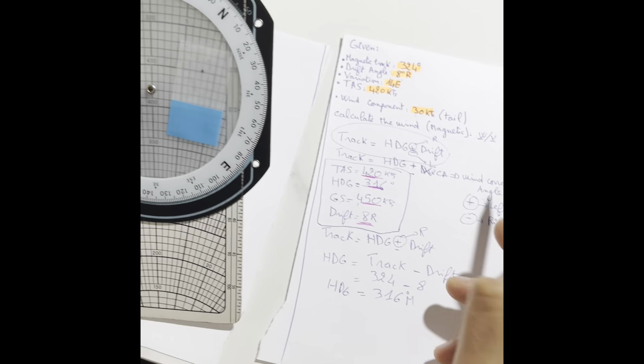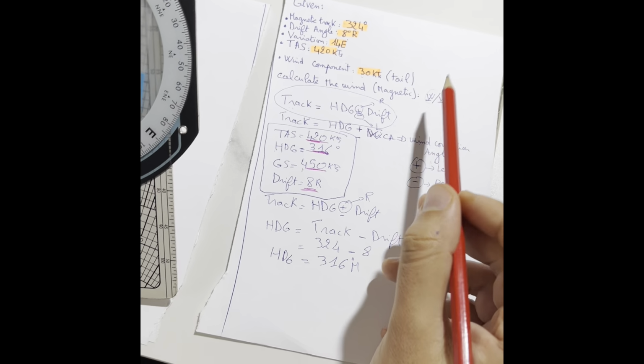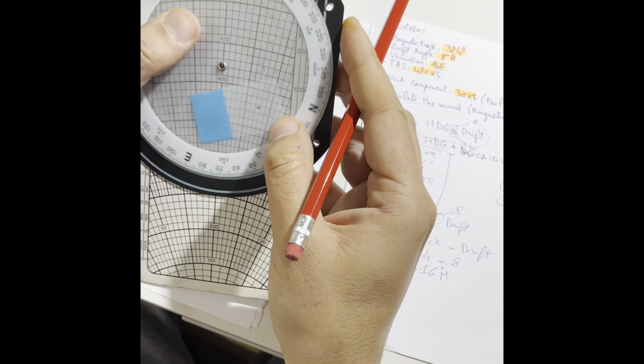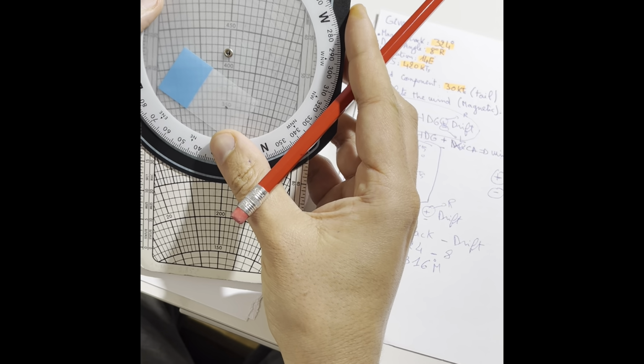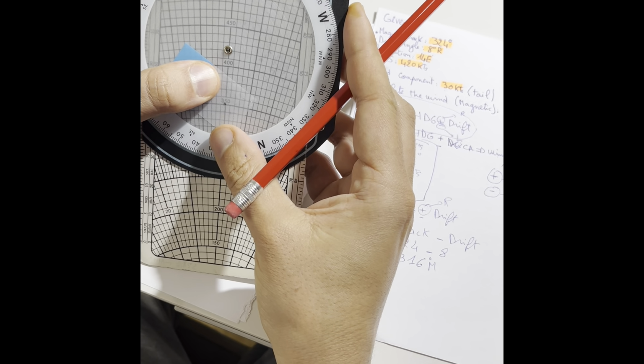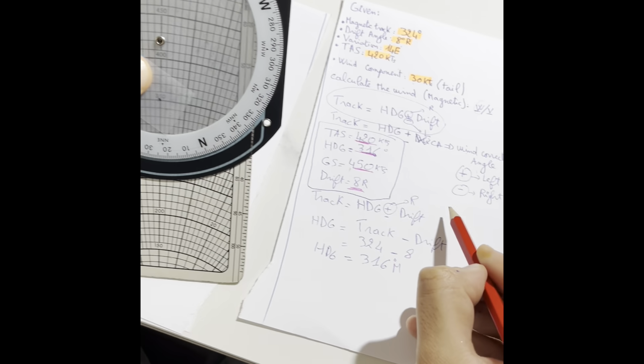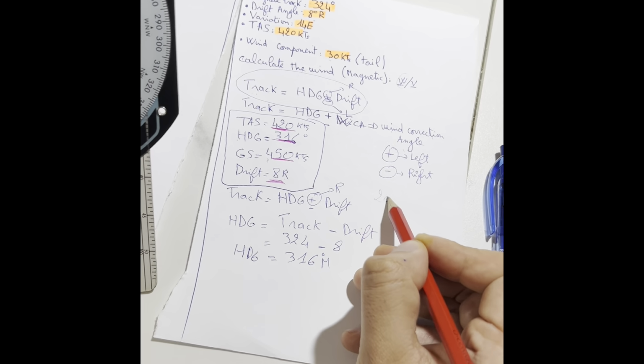Now, to know the wind direction, we just rotate this to the bottom to match with the line. And then we have a wind of 204. So the wind is 204.